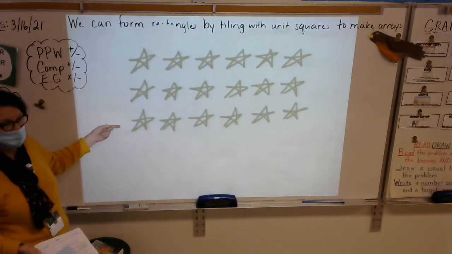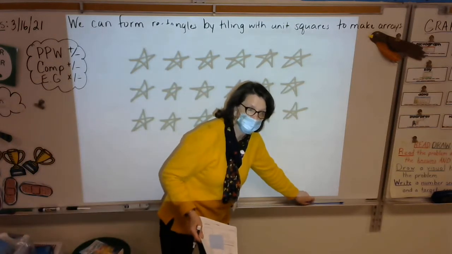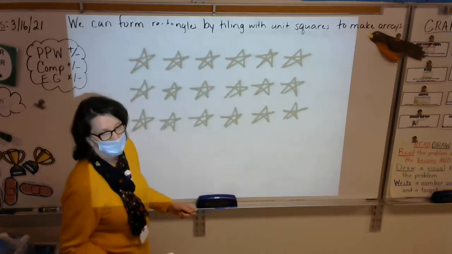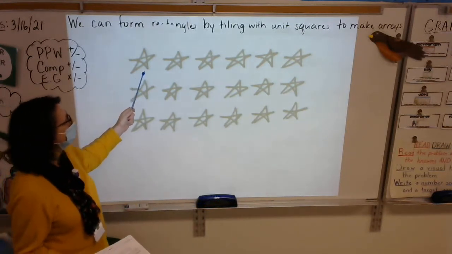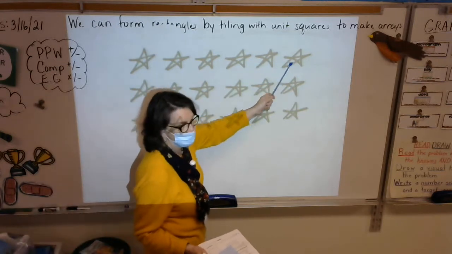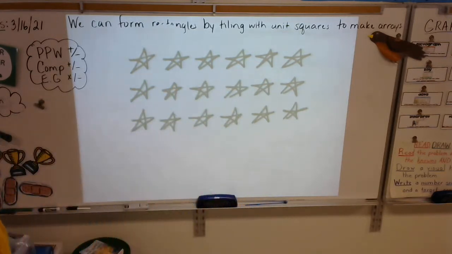How many stars in each row? I suggest as I point that you count quietly to yourself. Because if you're head bobbing in the back of the room, it's kind of hard and not to lose track. So quietly to yourself. Go ahead and write 2 multiplication equations for that.